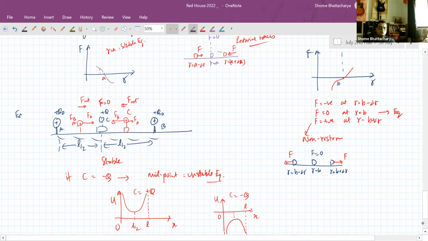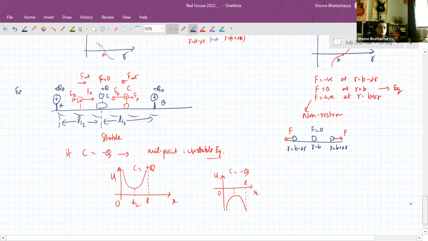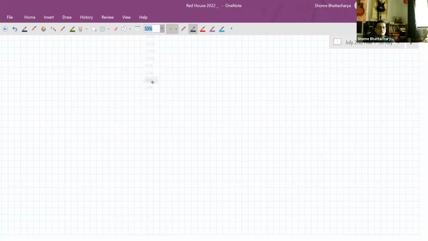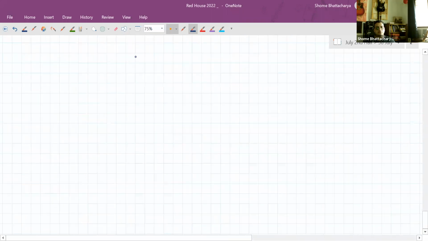These things are going to become important in this chapter. So maybe after you complete your test, you can do a bit of revision of work by energy. All these things: delta U is negative of the integral of F internal conservative dot ds, or the internal conservative force is the negative gradient of potential energy.